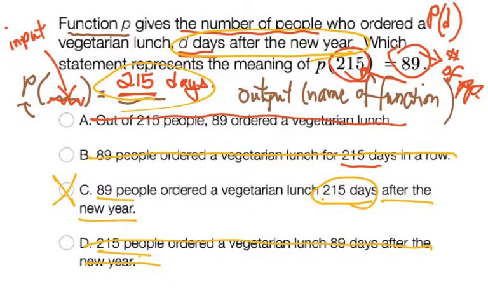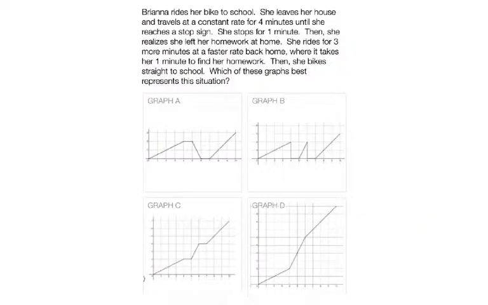All right, moving on. So now we have another problem, and now we are given graphs. So let's first just read what this is about, and then we're going to break it down. We've got Brianna. Brianna rides her bike to school.